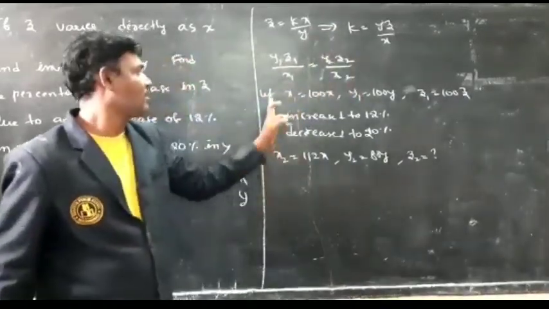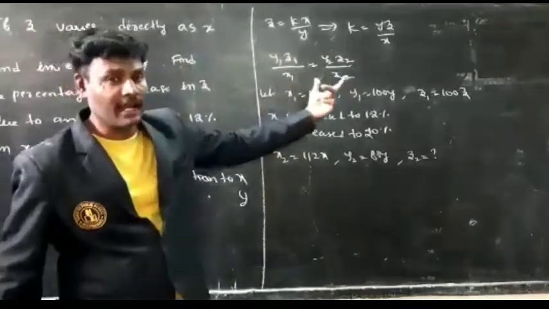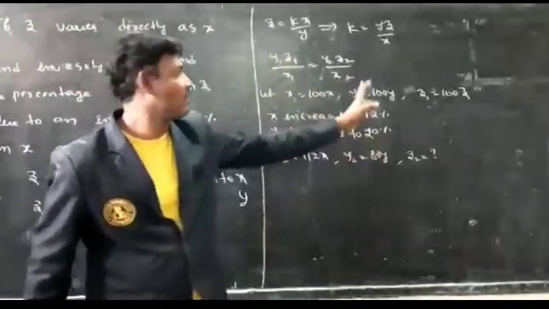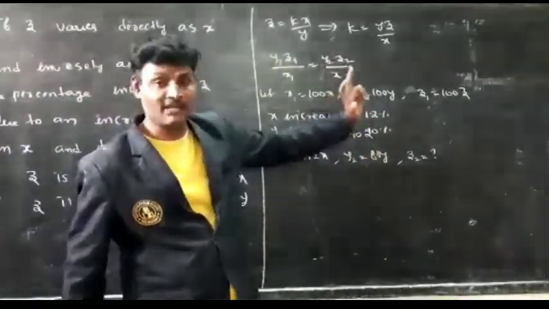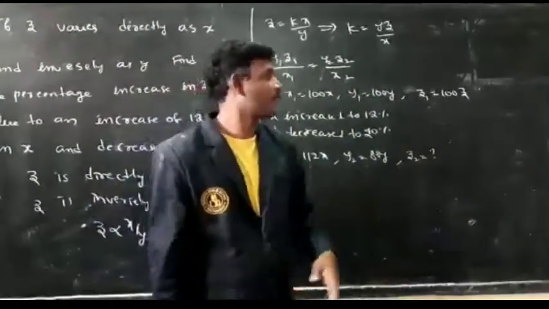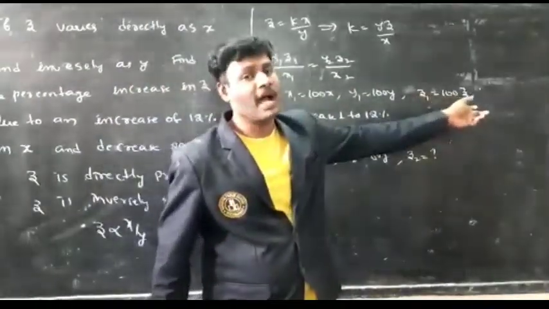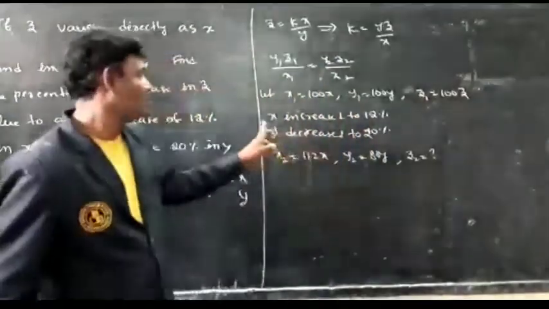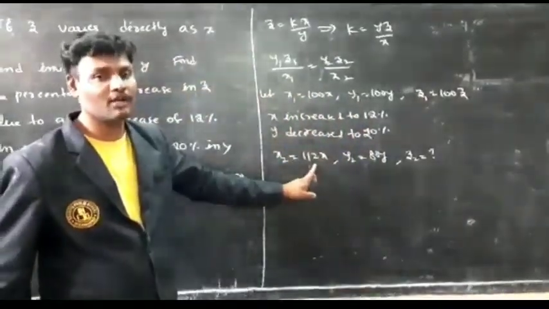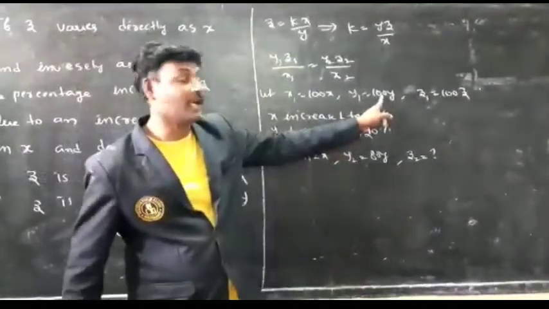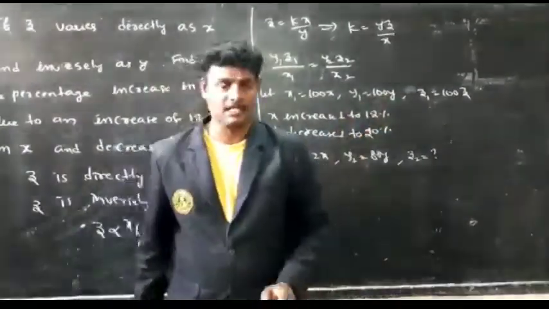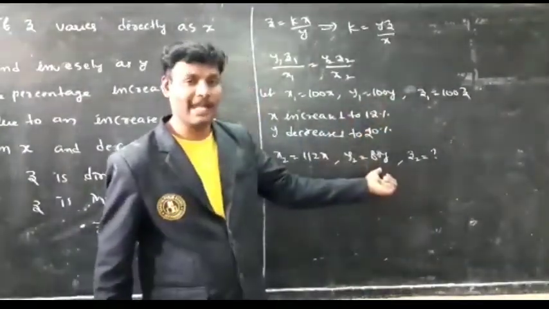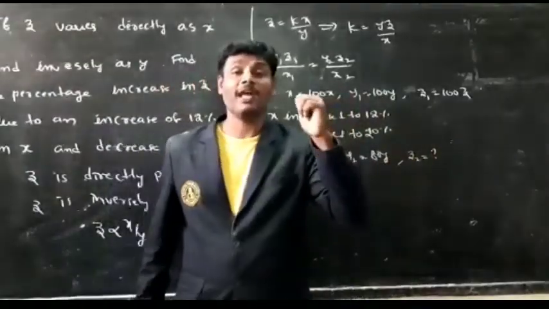Let x1 is equal to 100x before increasing, y1 is equal to 100y before decreasing, z1 is equal to 100z. x increases by 12%, then x2 is equal to 112x and y decreased by 20%, y2 is equal to 80y. Then what is the increase of z?